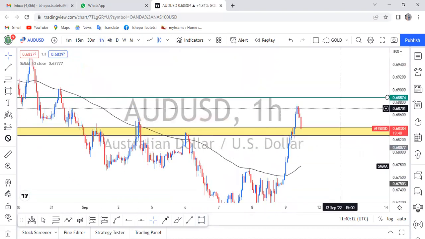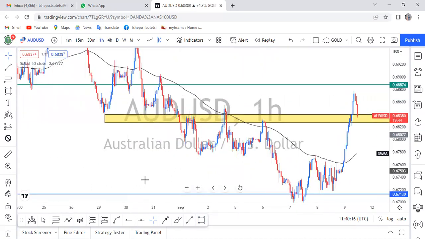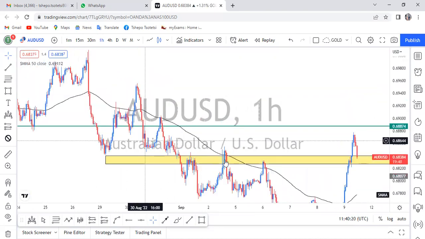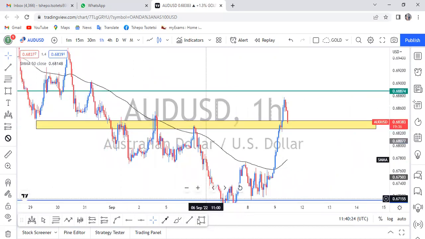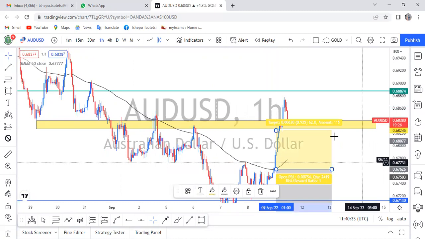We can see, guys, on 1 hour when price was still below our moving average, it was moving down, guys. It was going down. But the minute it crossed our moving average and closed, you could have taken your entry maybe from here on 1 hour.